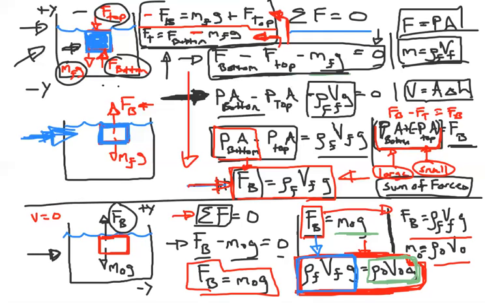It looks weird. It's density of the object times volume of the object. That doesn't look like the weight of the volume of fluid displaced. But what you need to understand is that's what the buoyant force is.